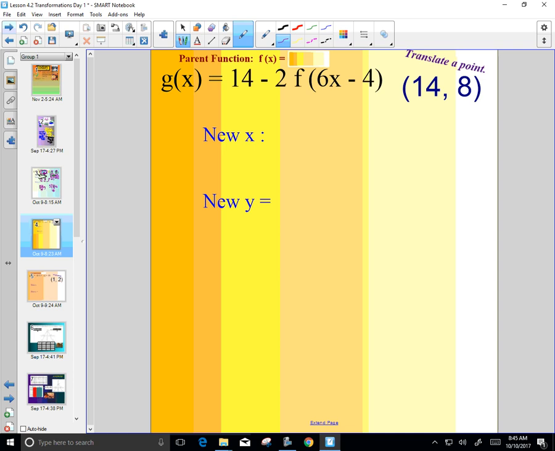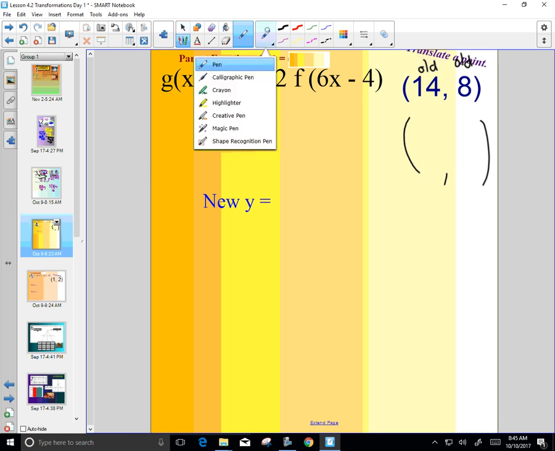Let's do this one. I could make up any parent function I want. Let's say it's (x minus 12) cubed. But forget about that for right now. Let's just take these old points, old x and old y, and let's make a new one.